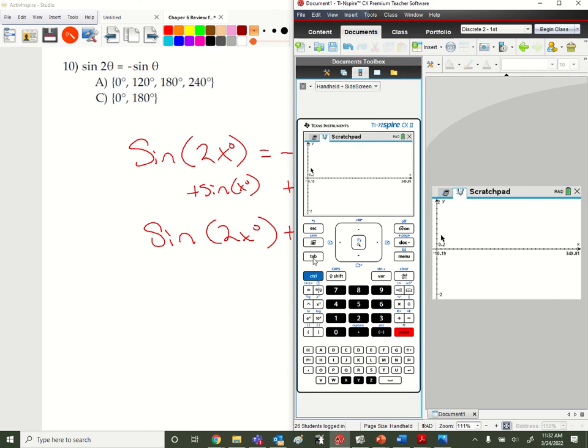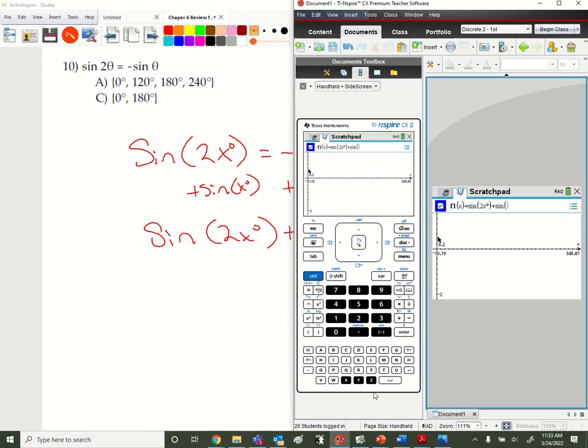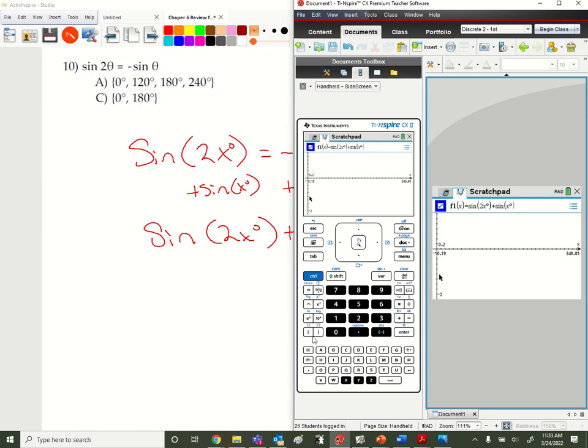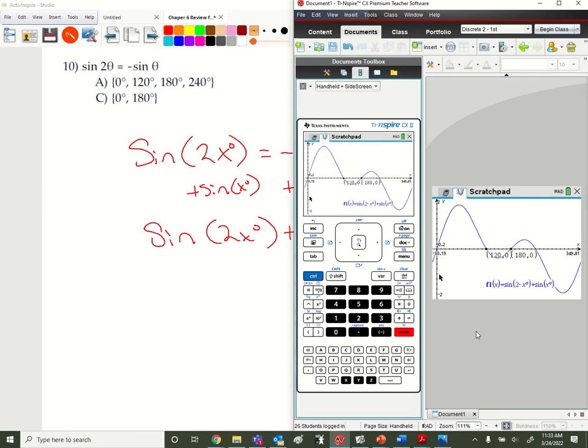So let's see, hit tab, arrow up, control, delete. So I'm going to enter my sine of 2x degrees close plus sine of x degrees close, enter. Dang, look at that. I got a bunch of answers here.